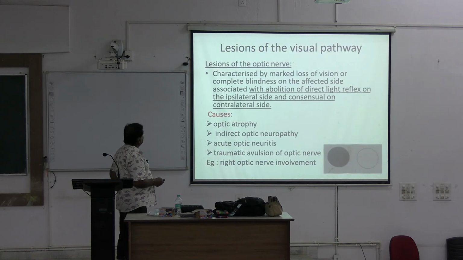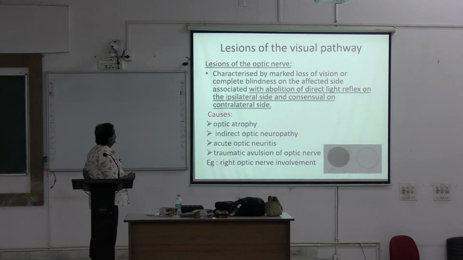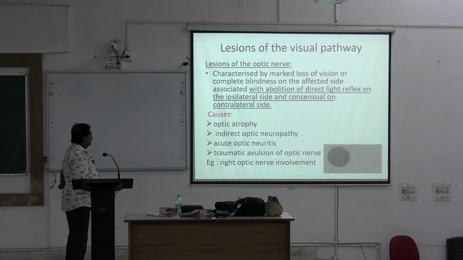Lesions of the visual pathways. Lesions of the optic nerve are characterized by marked loss of vision, complete blindness on the affected side, associated with abolition of direct light reflex on the ipsilateral side and consensual on the contralateral side. Causes: optic atrophy, ischemic optic neuropathy, acute optic neuritis, traumatic avulsion of the optic nerve.